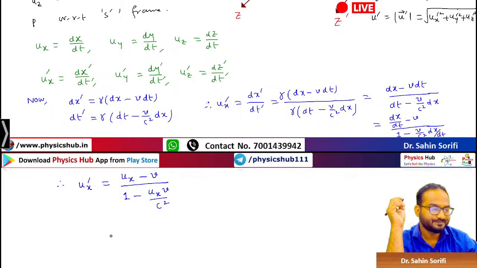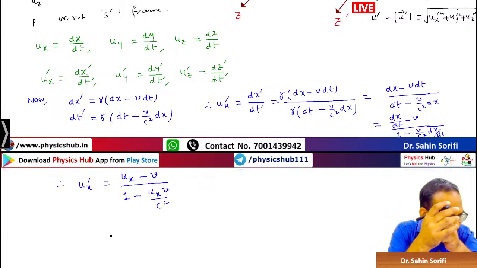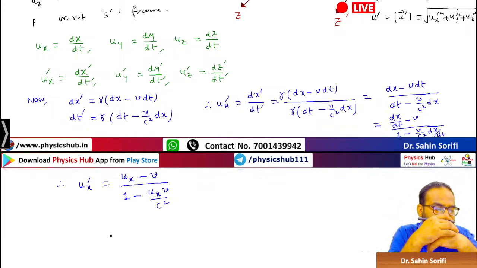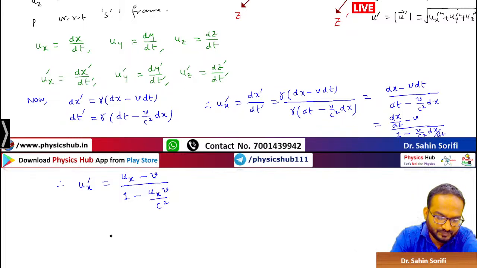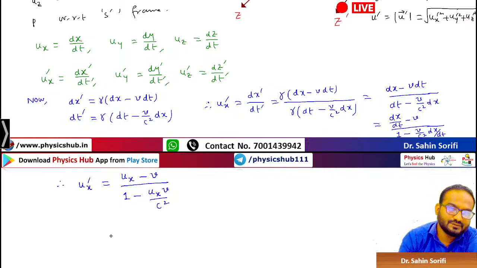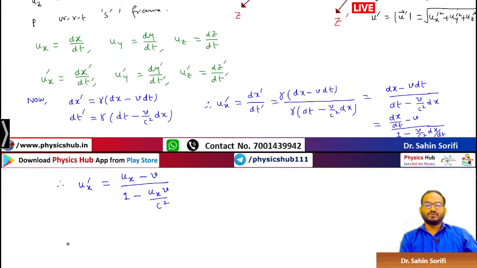Can you write it? Is this calculation clear? So this is also known as the velocity addition rule.